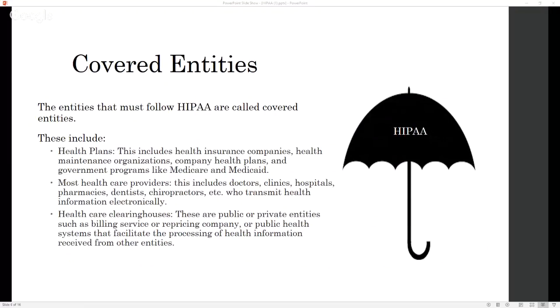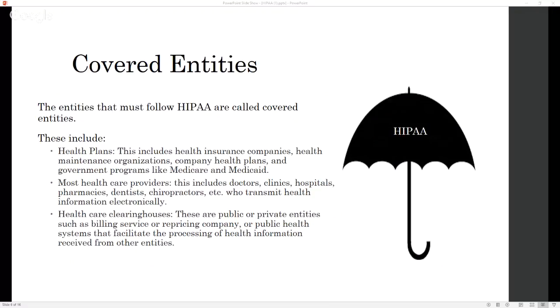So covered entities, these are entities that must follow HIPAA, and like it says, they're called covered entities. These include health plans, most healthcare providers, and healthcare clearinghouses. Health plans would be like health insurance companies, health maintenance organizations, company health plans, government programs like Medicare and Medicaid.